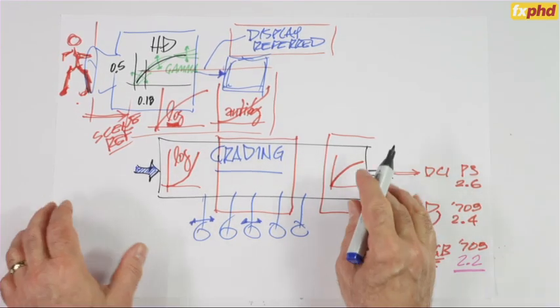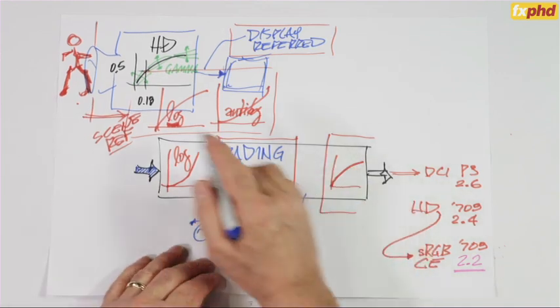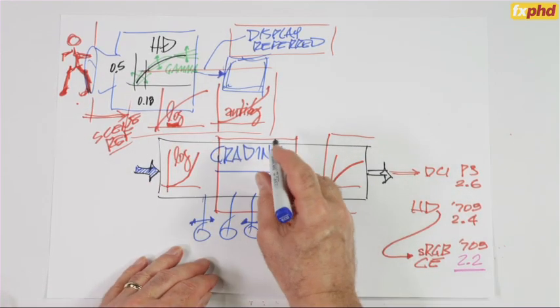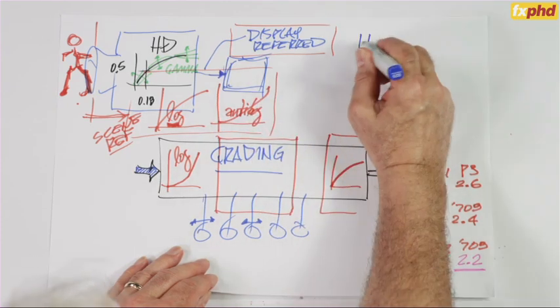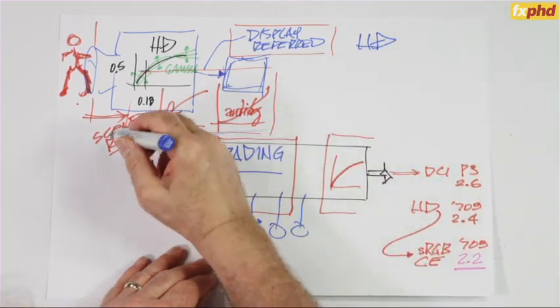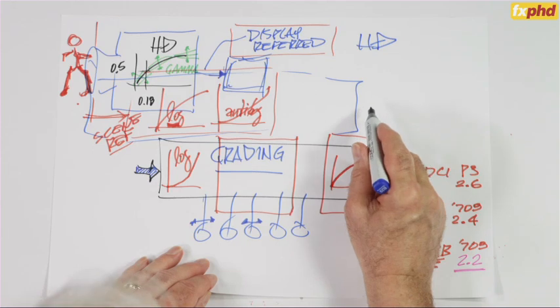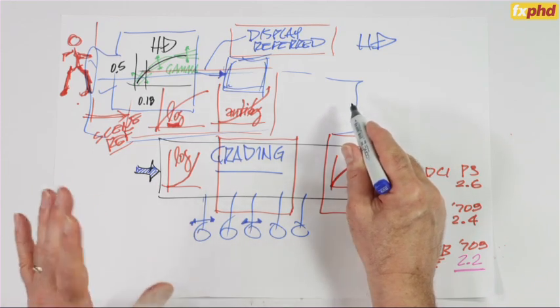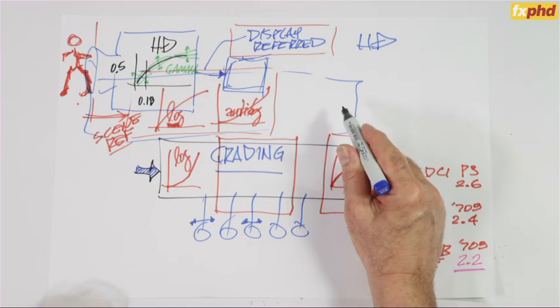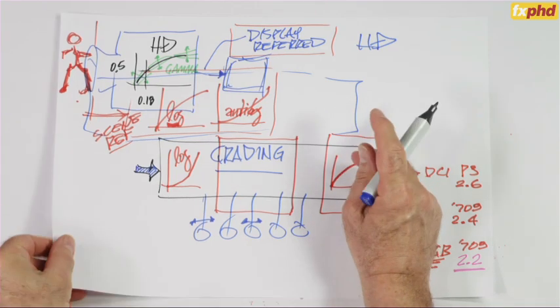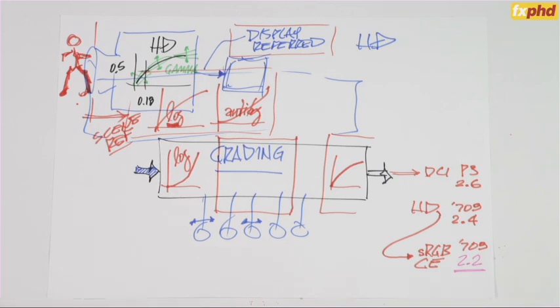But the key point is you really need to know when you're coming into grading whether you're coming in with the display referred HD model or the new sort of scene referred digital cinema model, more appropriate for VFX shoots. So there's the quick conceptual diagram underneath grading.